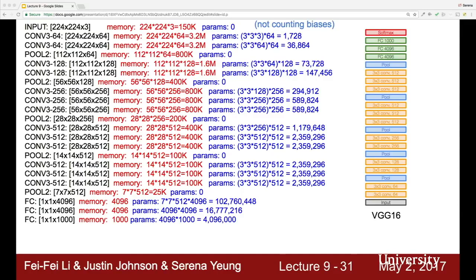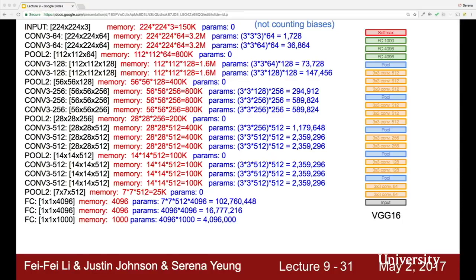Okay, so now if we look at this full network, there are a lot of numbers here that you can go back and look at more carefully. If we look at all of the sizes and number of parameters the same way that we calculated the example for AlexNet, this is a good exercise to go through.